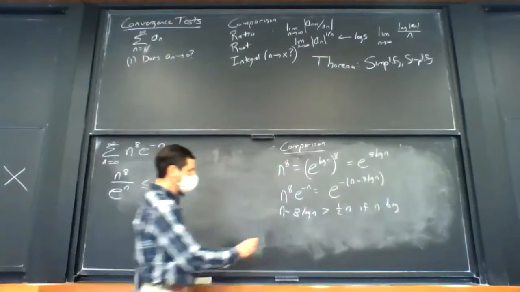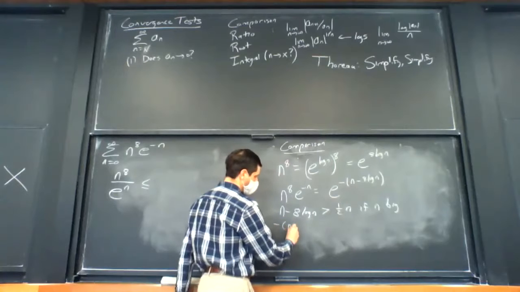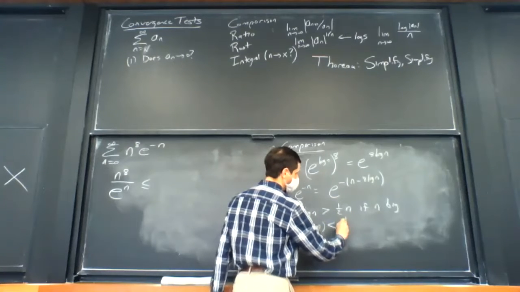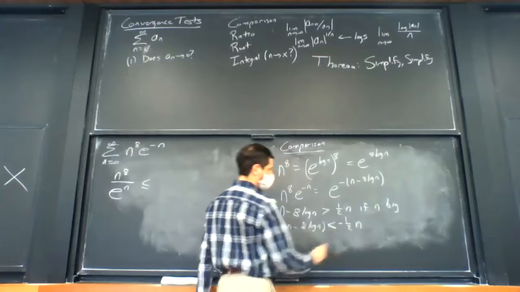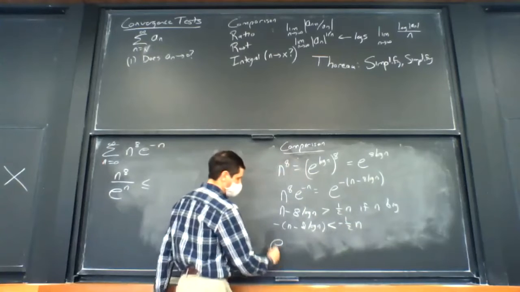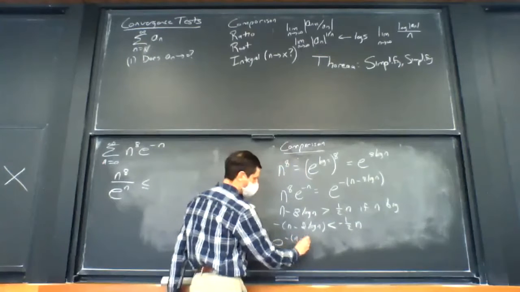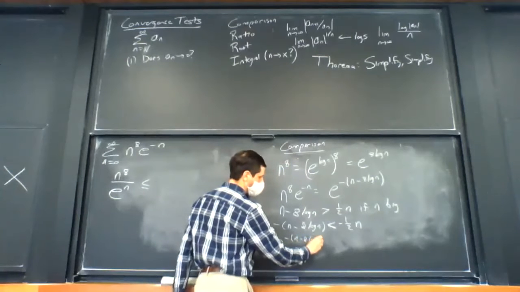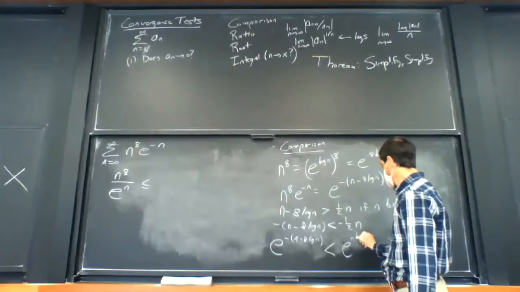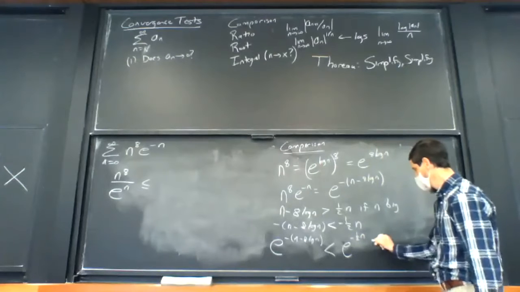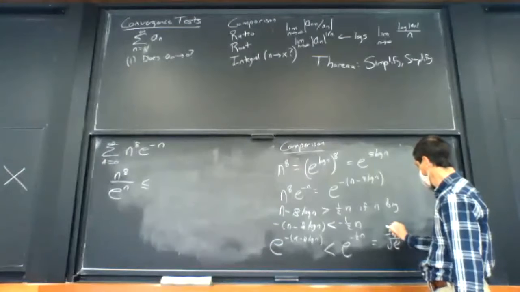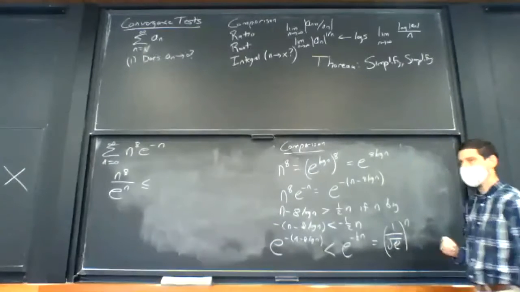Well, then if we take the negative, we reverse the inequality: negative n minus 8 log n would be less than negative 1/2 n. And then that means e to the negative n minus 8 log n is less than e to the negative 1/2 n, which is 1 over the square root of e to the n.